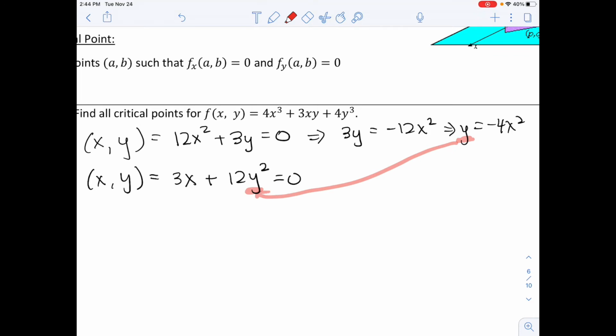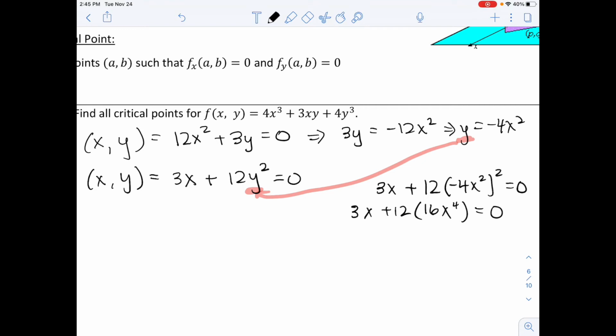When I do, I have 3x plus 12 times, and instead of y, I'm going to write negative 4x squared, squared, equals 0. Now from here I need to solve this. So I have 3x plus 12 times, and negative 4 squared is 16, x squared squared will be x to the fourth, equals 0. And then I have 3x plus 12 times 16 is 192, x to the fourth equals 0.